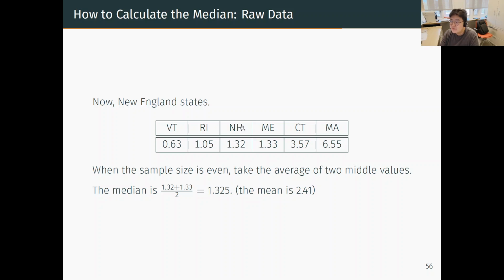New Hampshire and Maine are the middle states, and I will find the middle of the middle. So the median is 1.325. When you have an even number of observations, it requires an additional step, but not a big deal. Still in this case, the mean is 2.4, which is again larger than the median.